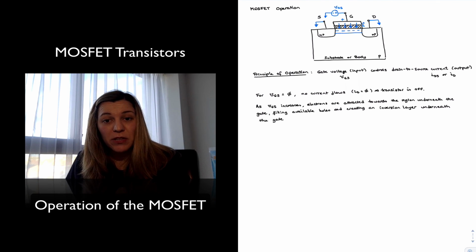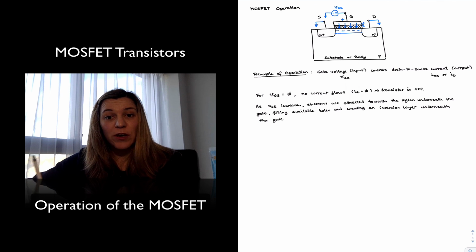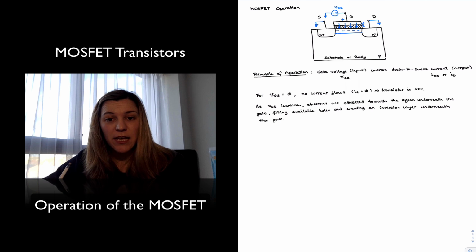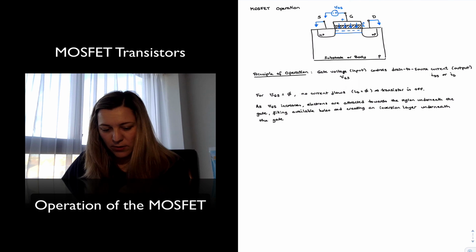We initially had a p-type substrate, but by virtue of moving these electrons, we have created a region underneath the gate that looks like n-type material. It has excess electrons. Overall, the substrate is still neutral, but the layer right underneath the gate is now n-type.